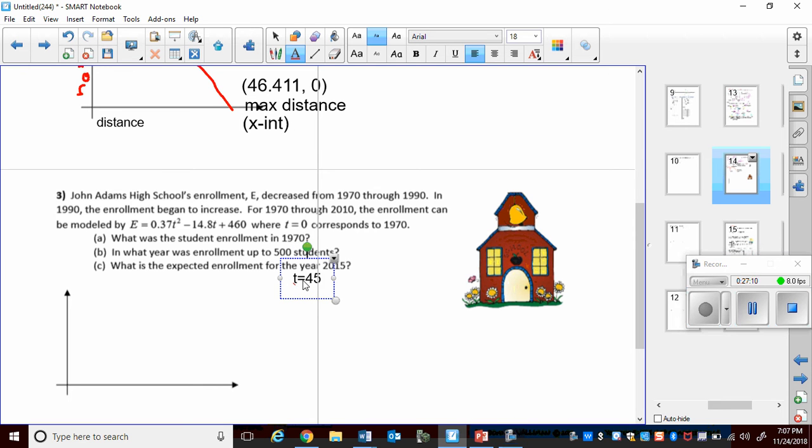So that means we want to know what the enrollment is at where T equals 45. And then in what year was the enrollment up to 500 students? You want to see what the year is, and use that number and add it to 1970.